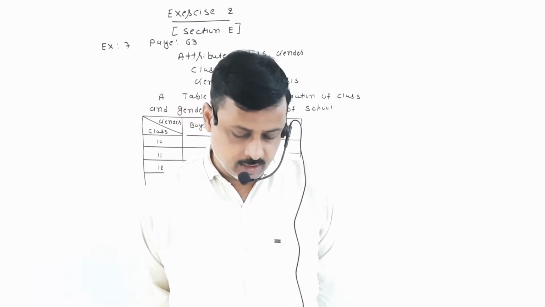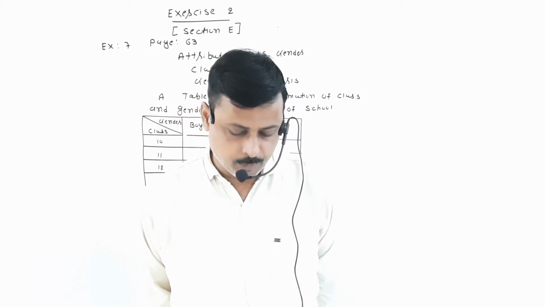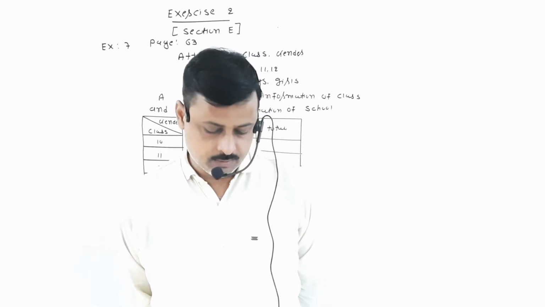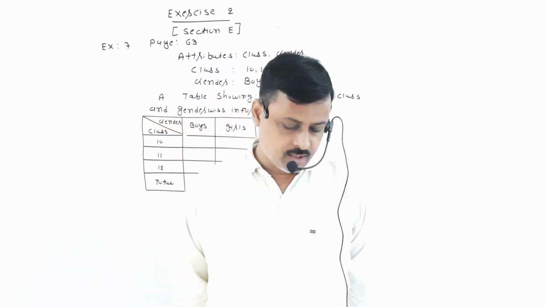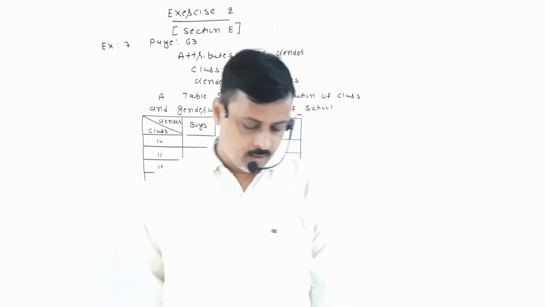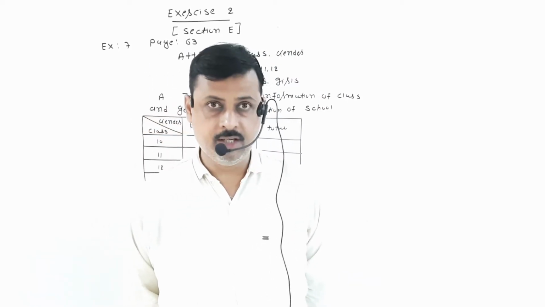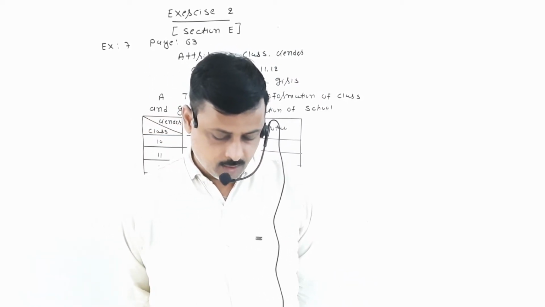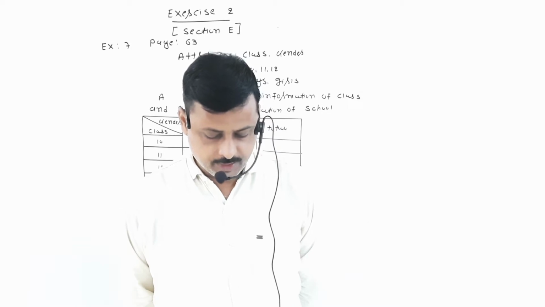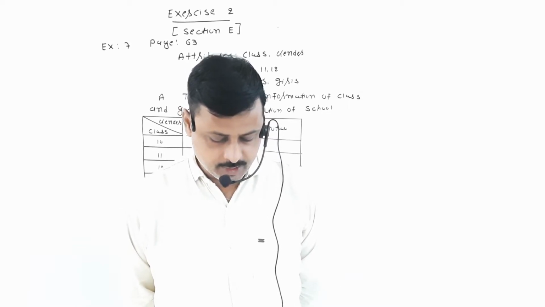In standard 11, the number of boys and girls are equal. In standard 12, the number of boys is 3 times the number of girls. Present the above data in a tabular form.